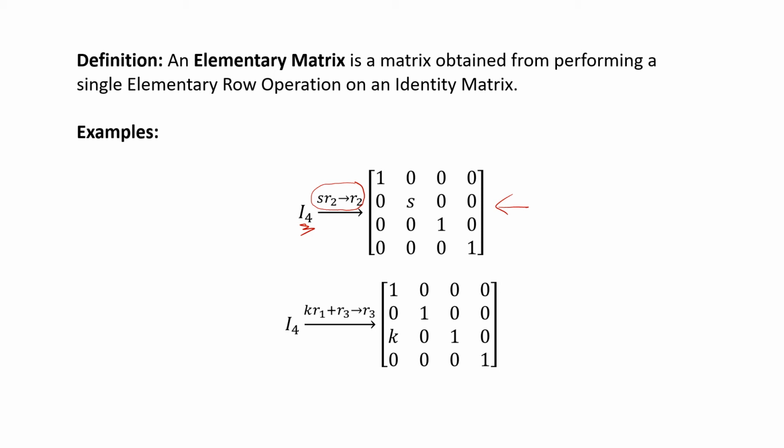Another type of row operation was when you take a multiple of one row plus a second row and replace that second row. That is an elementary row operation. If you do that to the 4 by 4 identity matrix, you come up with that. This is an elementary matrix. So elementary matrices you get from applying a single elementary row operation to the identity matrix.